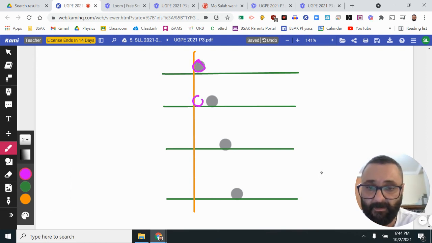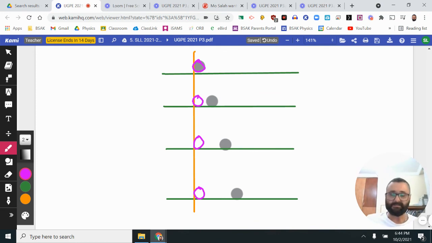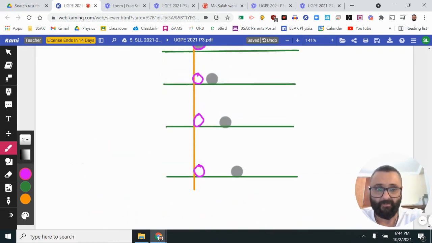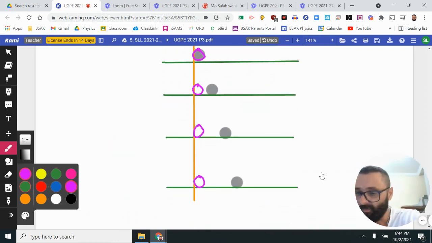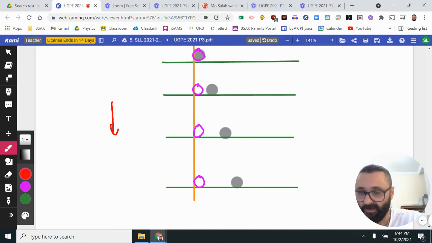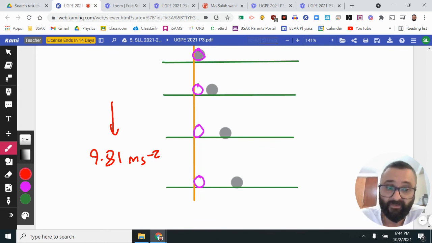Second frame, same height. Third frame, same height. Fourth frame, same height. So the same height for each frame, but no horizontal motion, because horizontal and vertical motion in projectiles is independent of each other. And both balls will drop with the same value of vertical acceleration, 9.81 meters per second squared.